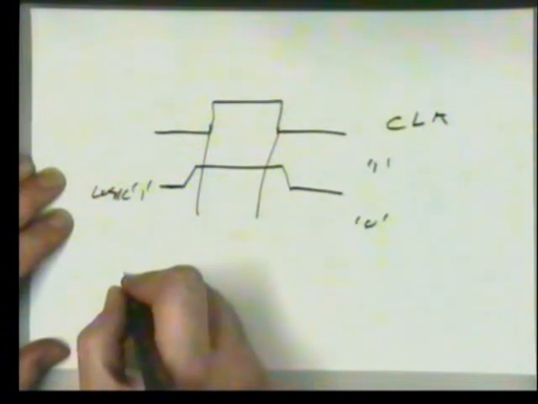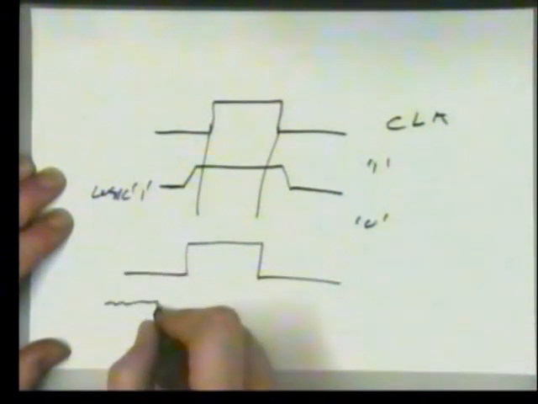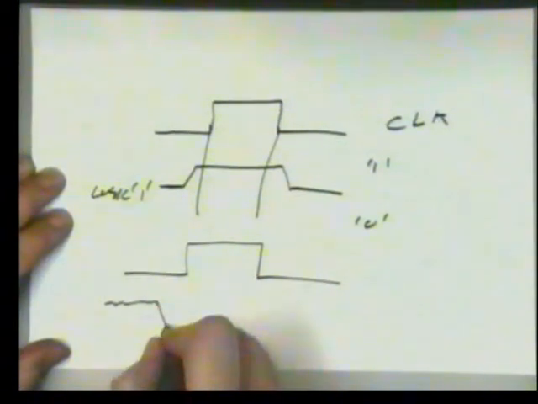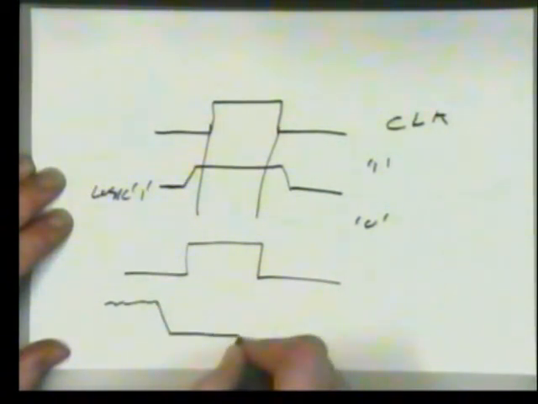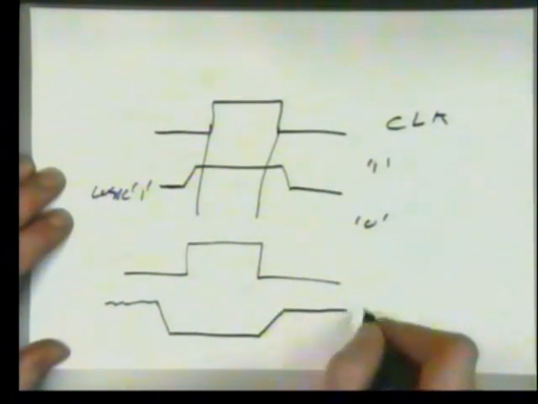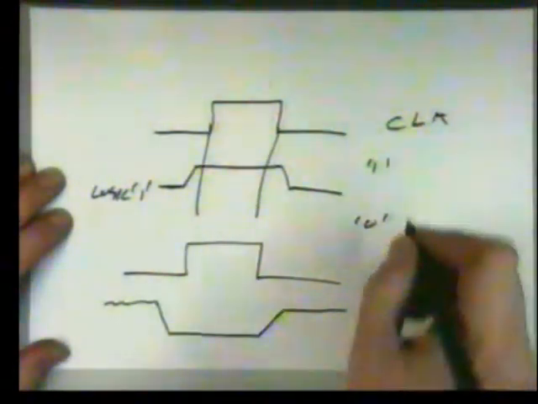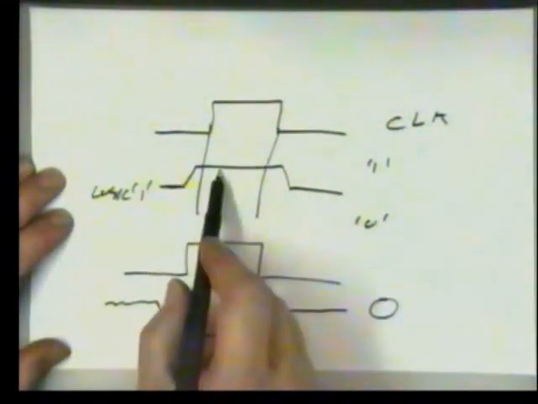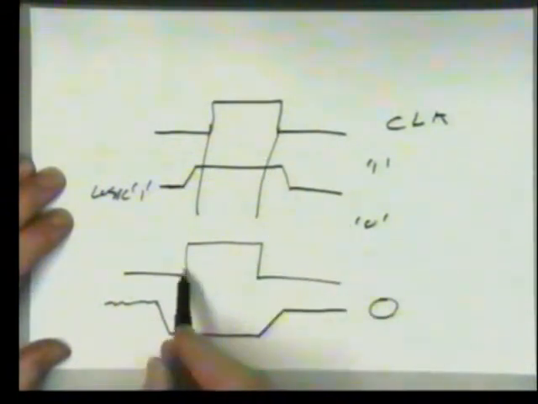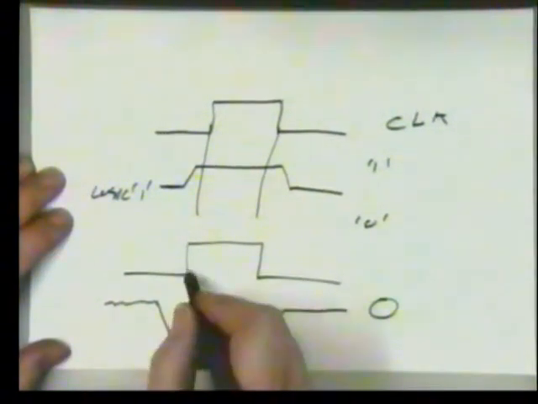And for a 0, for the same clock period, we don't care what it is before, but just before the clock goes high, it must go low, it must stay low for after the clock period, and now that will be a logic level 0. So for the whole of the clock period, if you're high, that's a 1, or if for the whole of the clock period you're low, that is a 0.